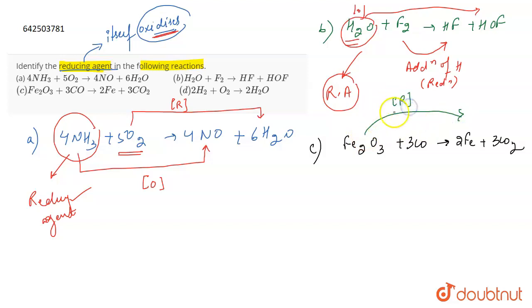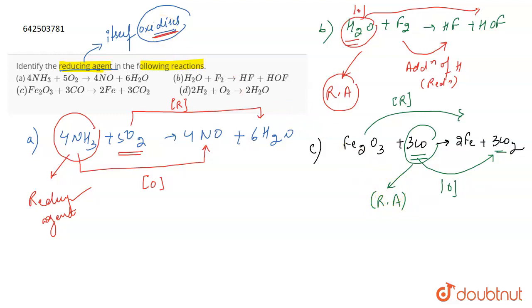Reduction is happening because there is removal of oxygen. And if you look at CO to CO2, it is addition of oxygen, which means oxidation is taking place. So CO is getting oxidized to CO2, which means that CO here acts as a reducing agent, because the substance which gets oxidized is the reducing agent.